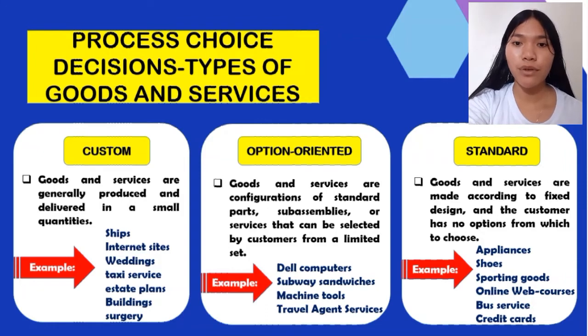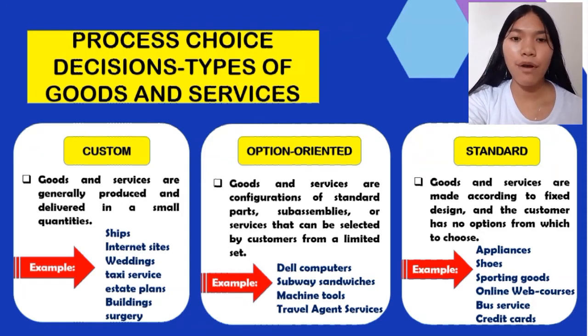So option-oriented means that there are many companies whose strategy is to have some sub-assemblies of the parts or products that they produce. They have already produced those parts or products and services, and if the customers want to assemble the parts of their products, the company will be able to do that because their strategy is an option.